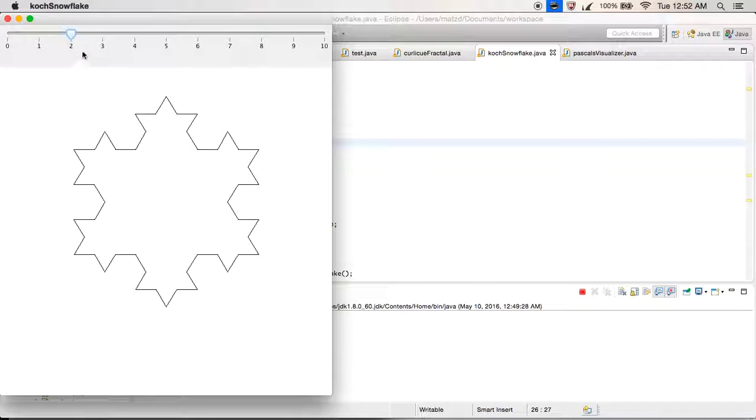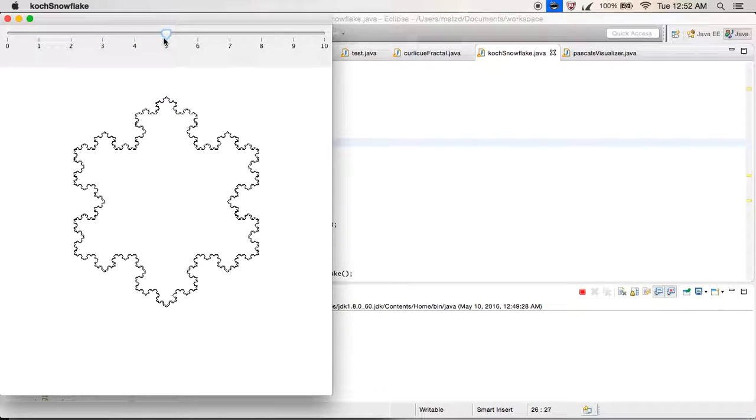And so the perimeter is the original perimeter times 4/3 to the power of the number of iterations. So with infinite iterations, you have 4/3 to the infinity, which will approach infinity. And so the perimeter will approach infinity.